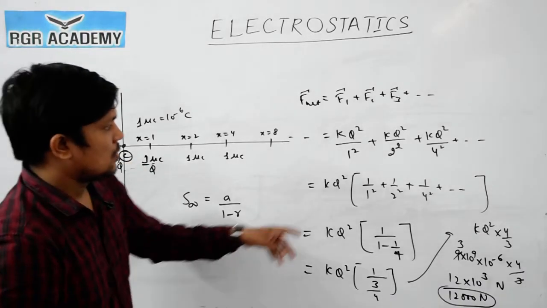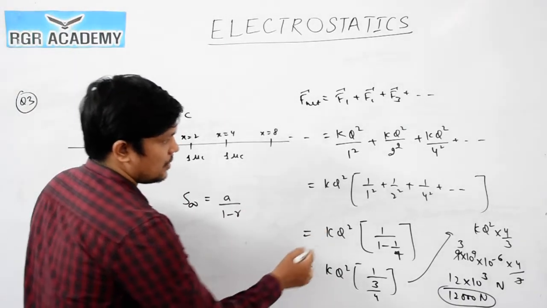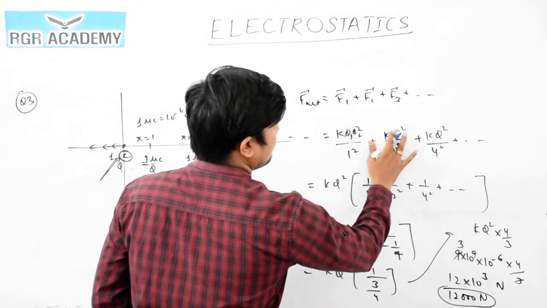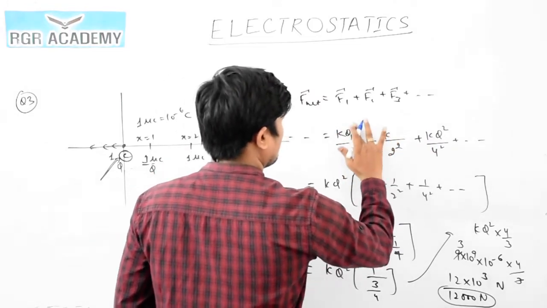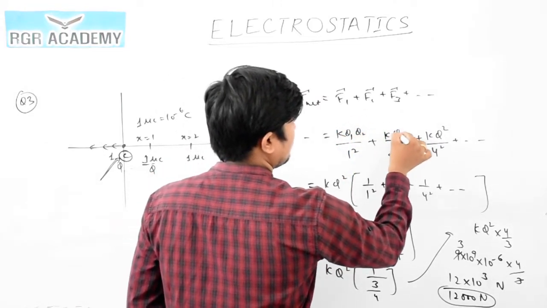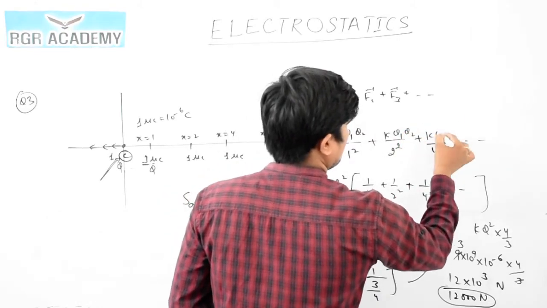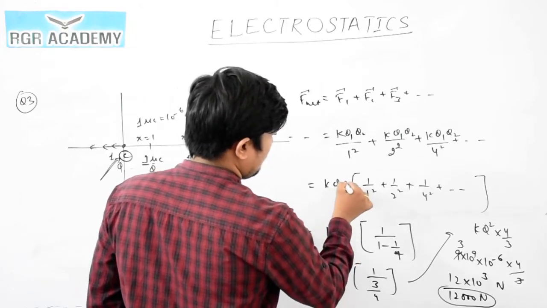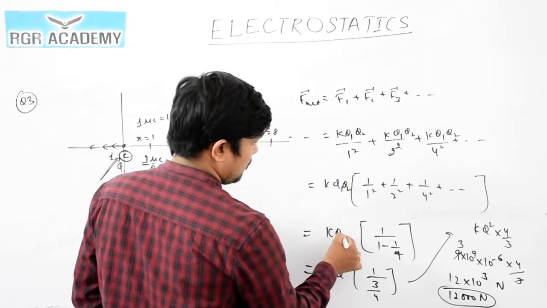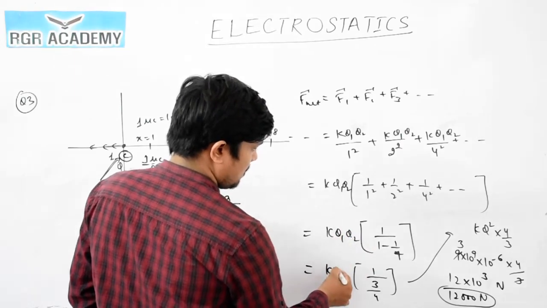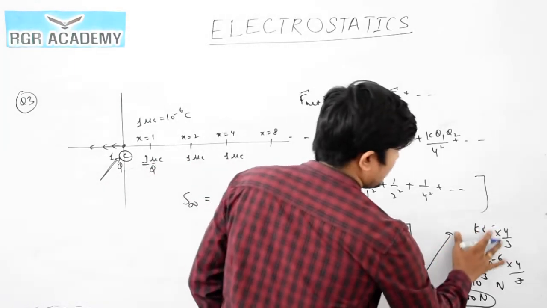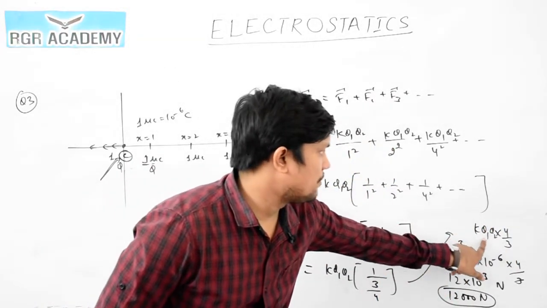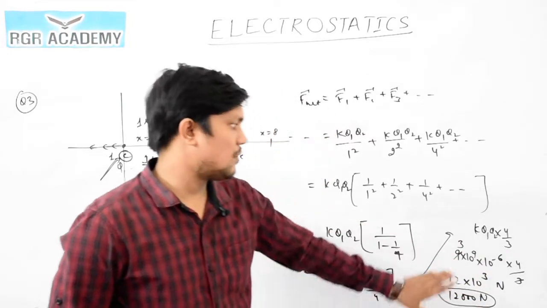So here I will write q1 into q2, and so on, q1 into q2 for each term. After replacing this, q1 is 1 coulomb and q2 is 10 to the power minus 6 coulomb. By this you will get the answer.